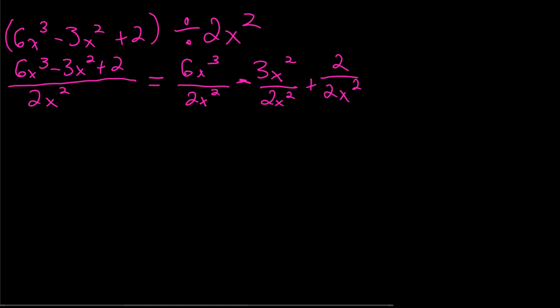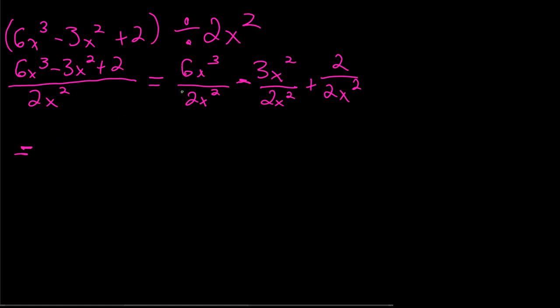Well, we're not quite done yet. All right, we have the ability to simplify this stuff now, because each of these terms we can treat as individual things. So I'm going to come over here. 6x cubed over 2x squared, I'll point to it, and then I'll bring our answers down.